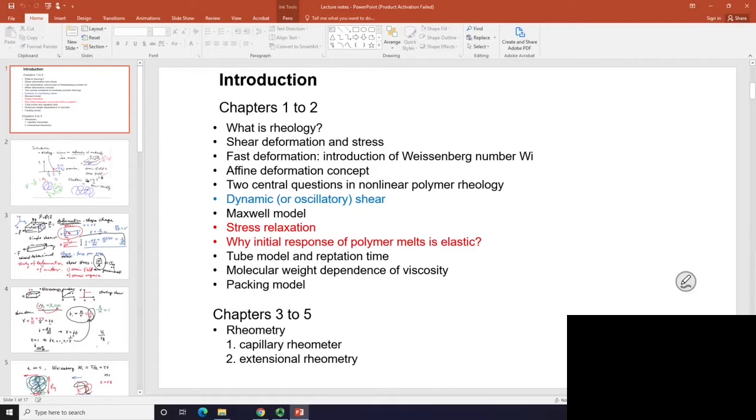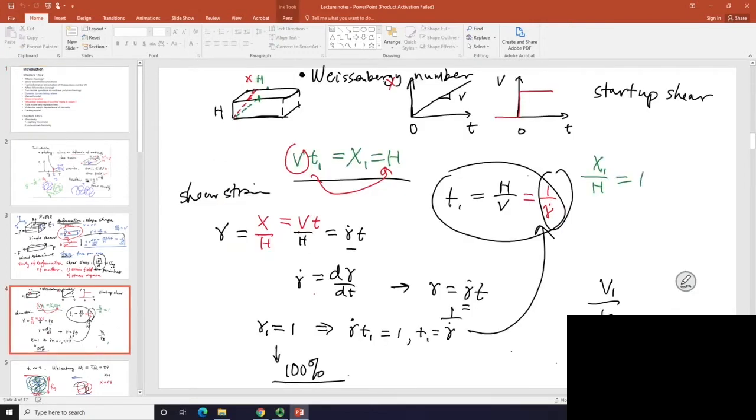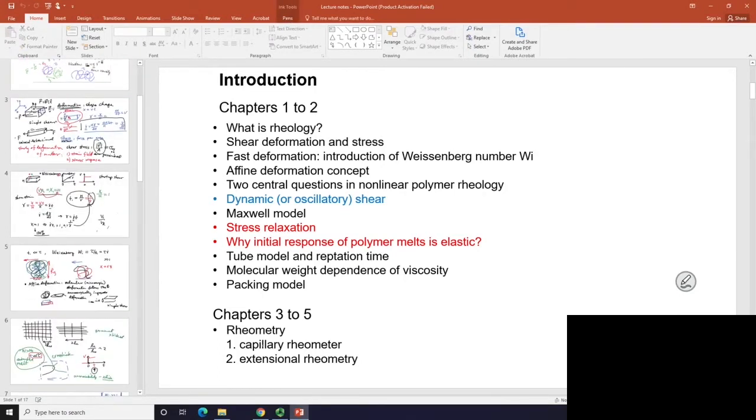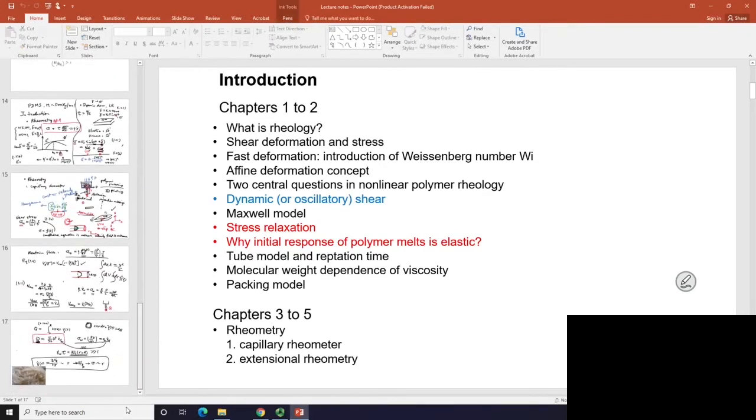We talked about startup shear. I even opened that PPT showing startup shear, if you recall. But we didn't really say much about stress relaxation, so may I add that before we proceed further with this capillary story.